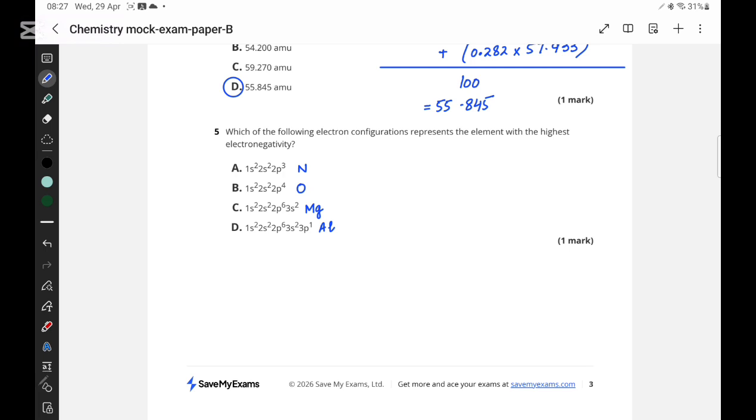So we have these elements, and they are asking which is going to have the highest electronegativity. For electronegativity, you need to remember one thing, that it basically increases across the period, because of the increase in nuclear charge, the same shielding, and the decrease in atomic radius.